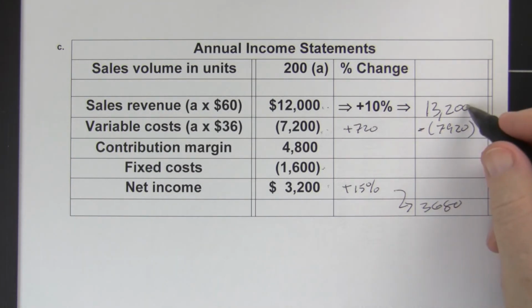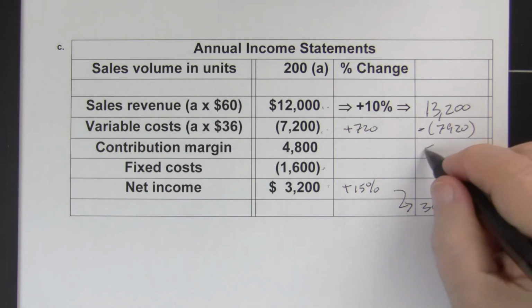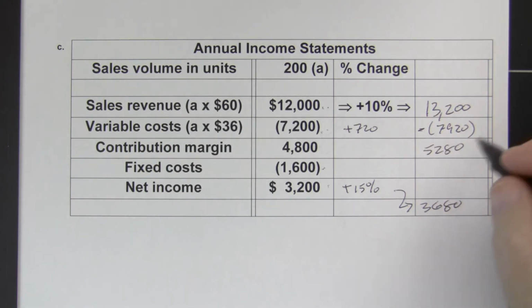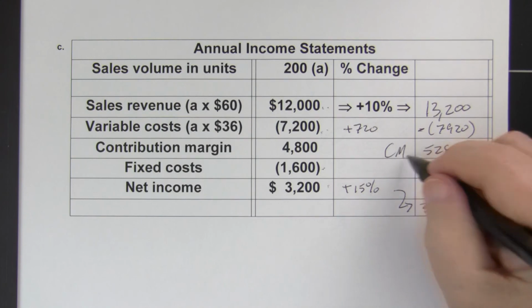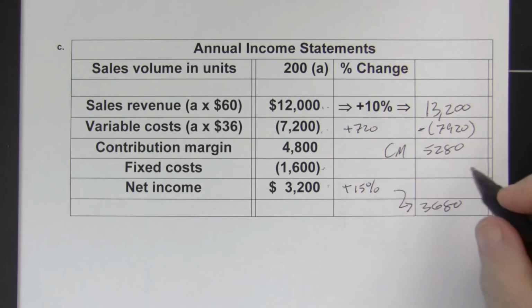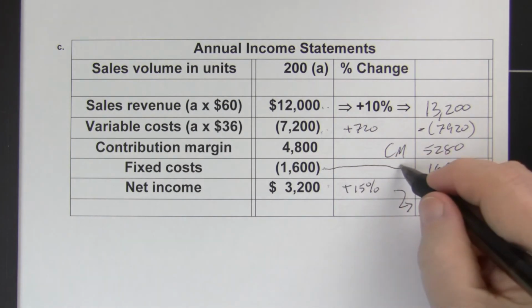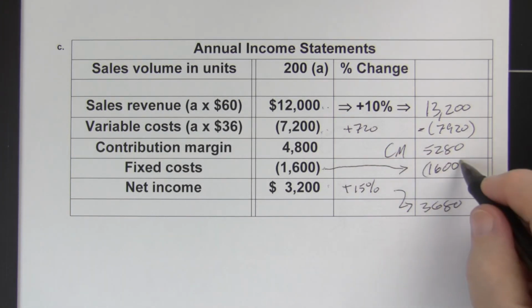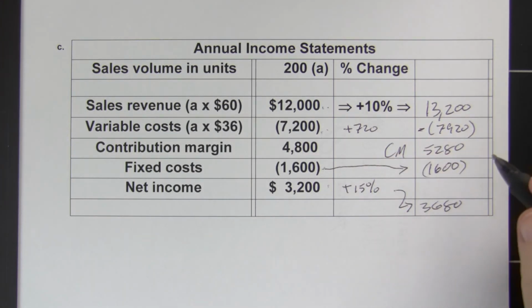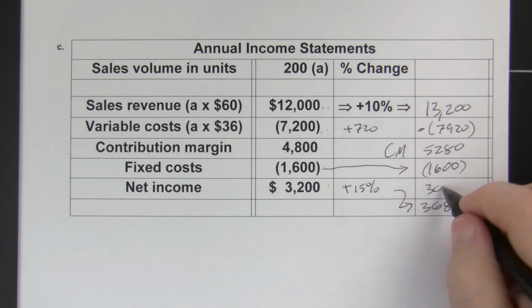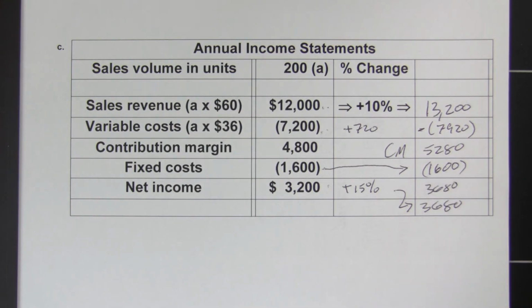Subtract that from your sales. You come up with 5,280 as your contribution margin. Subtract your fixed cost, because remember, fixed costs do not change. That's the concept of fixed cost. And we do that, we come up with 3,680. And yes, indeed, they do match.